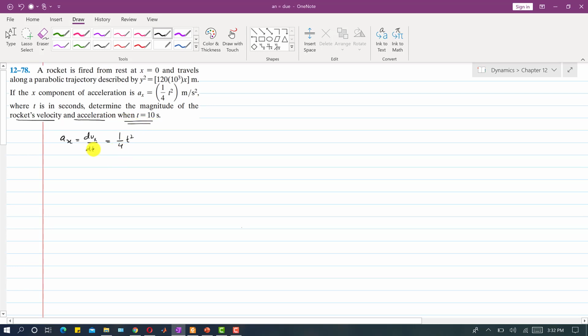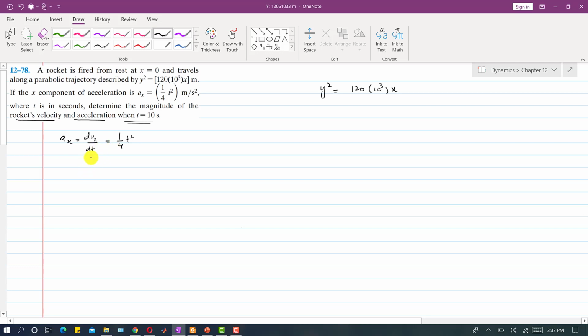So we are given this ax and we are given the function y squared equals 120 times 10 to the power 3 x. Now if we want to find the velocity in the x direction, we have to integrate this equation.